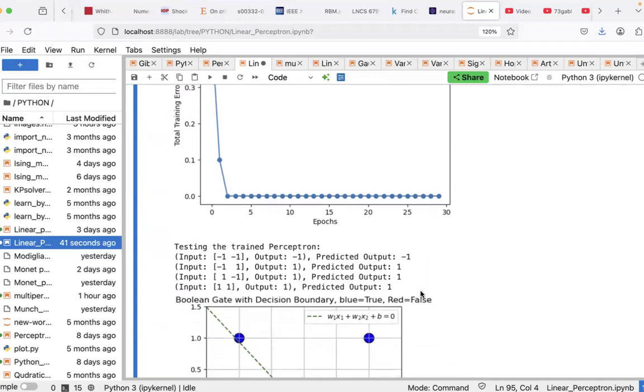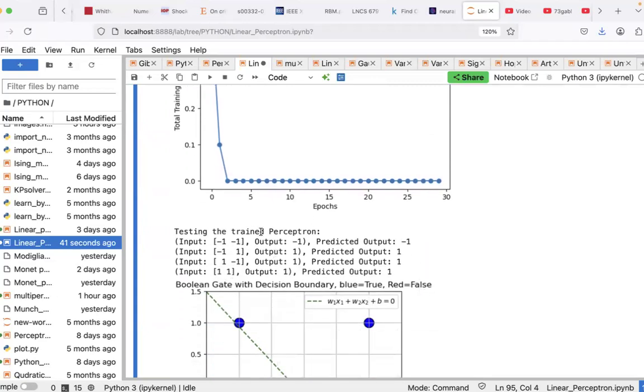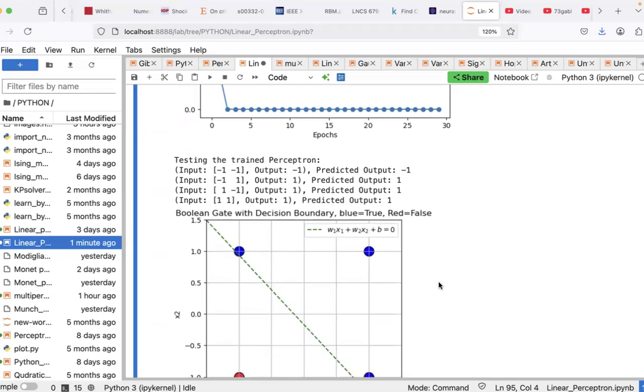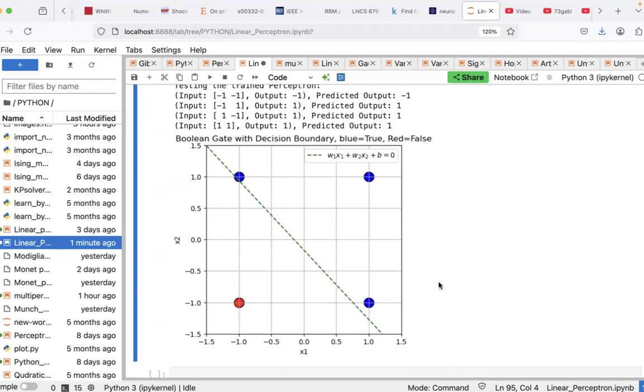And here you can see the testing. We put in these 4 inputs. These are the target outputs, what we expect to be the output, and these are the predicted outputs. You see that they match the expected output. And here there is a plot of the input space.